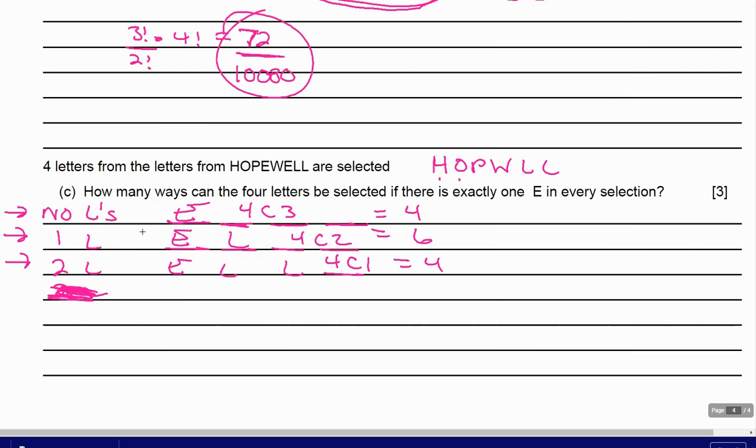This is a common thing to run into where there's a duplicate. And see, what they would do is, in a case like this, they would tell you it has to have one E, because then it eliminates you having to figure out what happens with all the E's. By saying there has to be one E in every selection, well, now I don't have to worry about the fact that the E's are duplicated, because they're telling me there can only be one E, and it's already in there. So then I can deal with the L's.